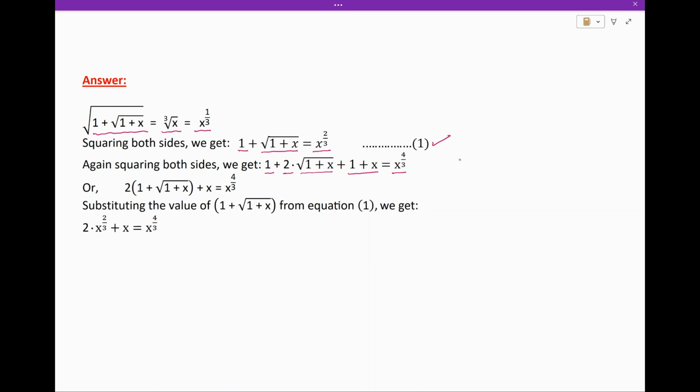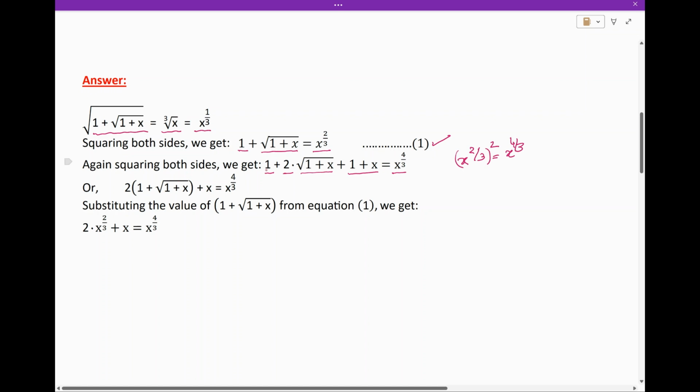Remember, x to the power 2 by 3 whole square is equal to x to the power of 4 by 3. Or if you add 1 and 1, it becomes 2.